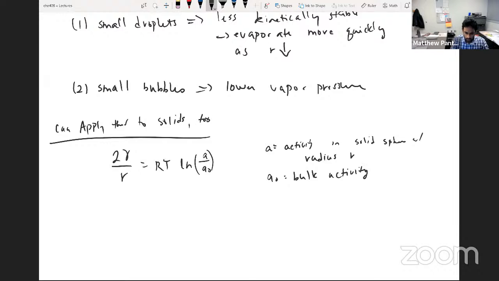So remember, activity is related to fugacity and activity coefficient. But if we have an ideal solute, this simplifies because the activity is proportional to the concentration.